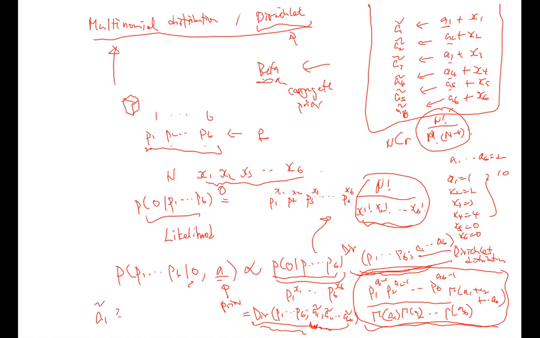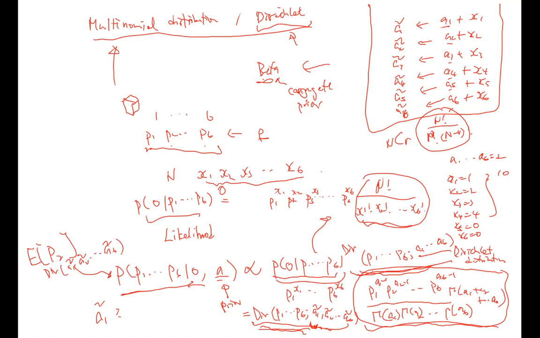And of course, then you have updated A1 tutor, A2 tutor, A3 tutor, and so on. And then you can also do an estimate of P. Note that this is the probability, I'm showing the probability is a Dirichlet, right? But if I want to do an estimate of, for example, P2 here, the estimate will be the expectation of P2 with respect to a Dirichlet distribution with parameters A1 tutor, A2 tutor, and so on, up to A6 tutor.